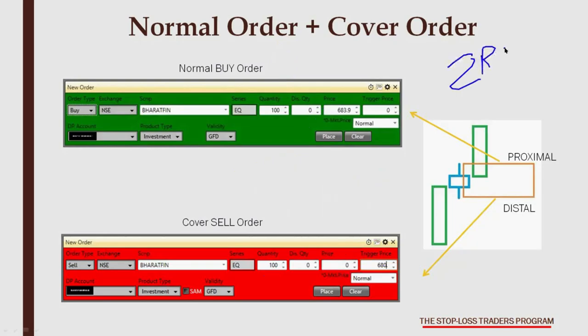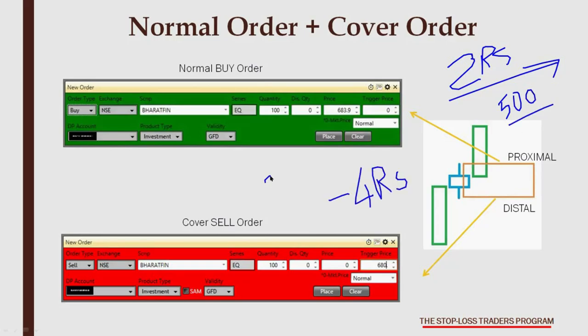But this limit price 682.80 is arrived at from this level. This is the proximal line, this is the distal line. So this proximal line is going to be my limit price for the trade. Everyone clear with this?